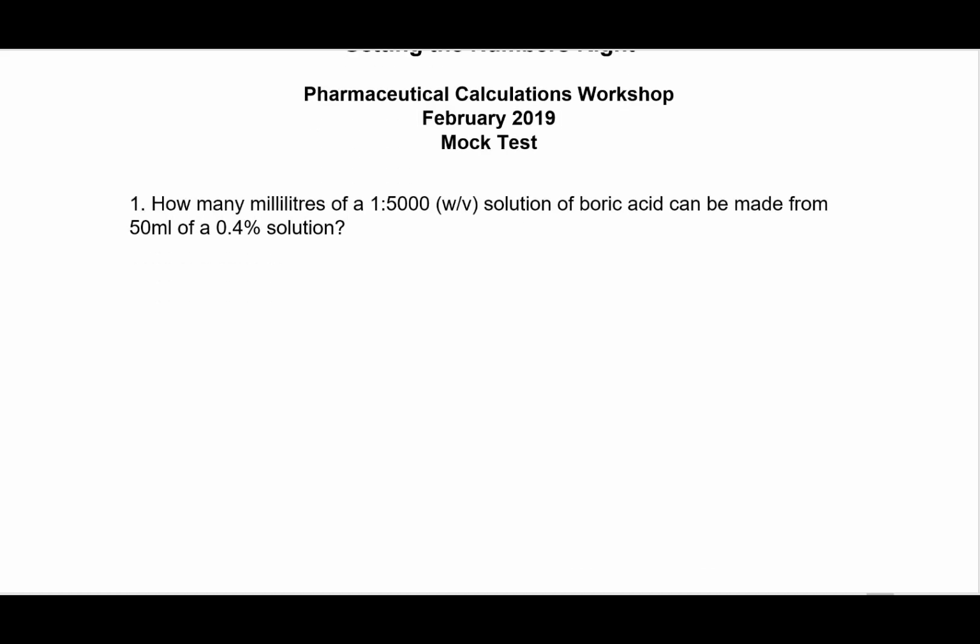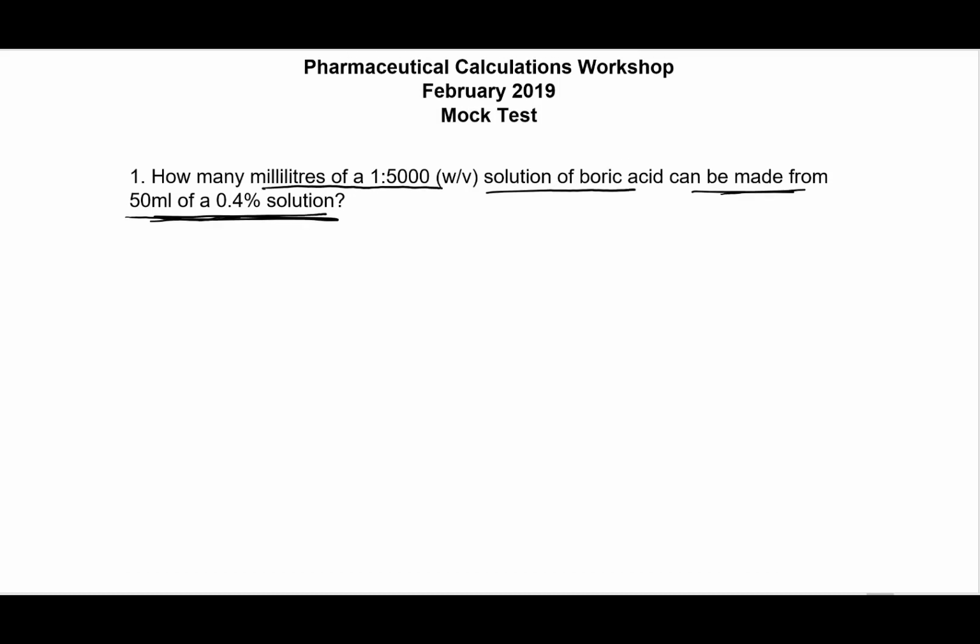In question number one, we have: how many milliliters of 1 in 5,000 solution of boric acid can be made from 50 mils of 0.4% solution? If you pay attention to the wording of the question, you can see that it is a very simple C1 V1 C2 V2 question. We have to make something from 50 mil of 0.4.